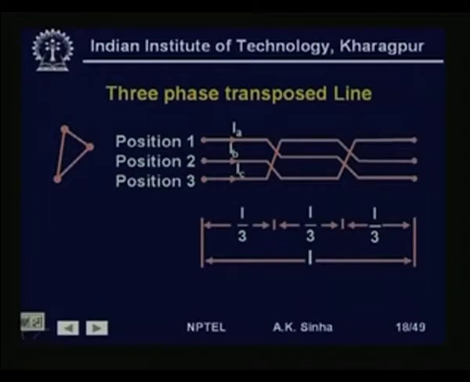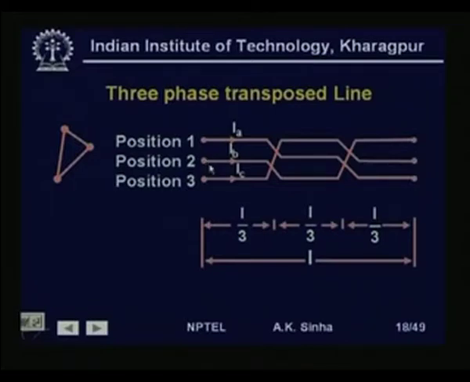The conductor of phase A goes through this position for 1/3 length of the line, goes through the position of B for the second 1/3 portion of the line, and goes through the position of conductor C for the last 1/3 portion of the line.